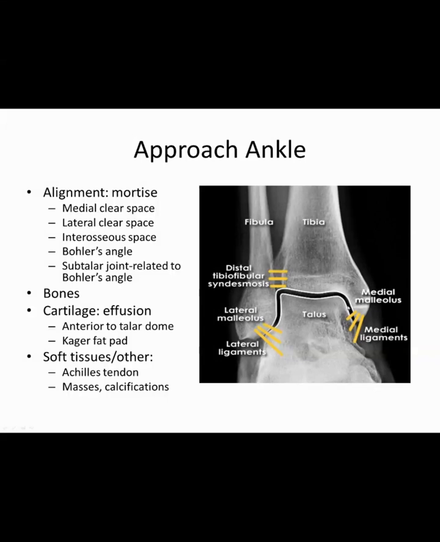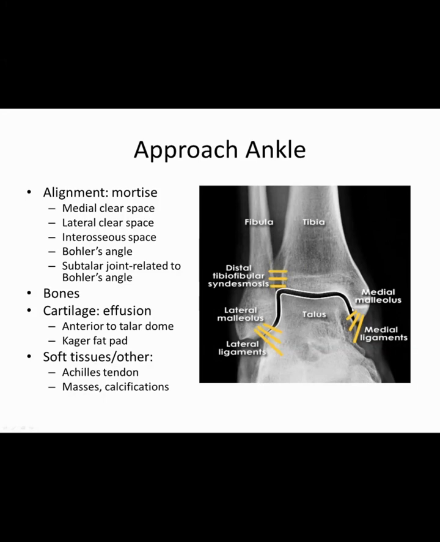For instance, over here we have the medial clear space, which is held together by medial ligaments, also known as the deltoid ligament. We have the lateral clear space, which is held together by lateral ligaments, and we have the distal tibiofibular syndesmosis over here, which contains 4 ligaments, and all of these ligamentous structures help maintain ankle stability.